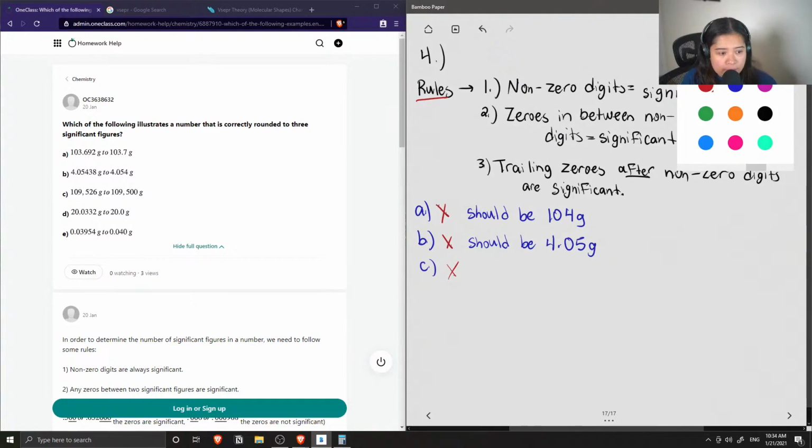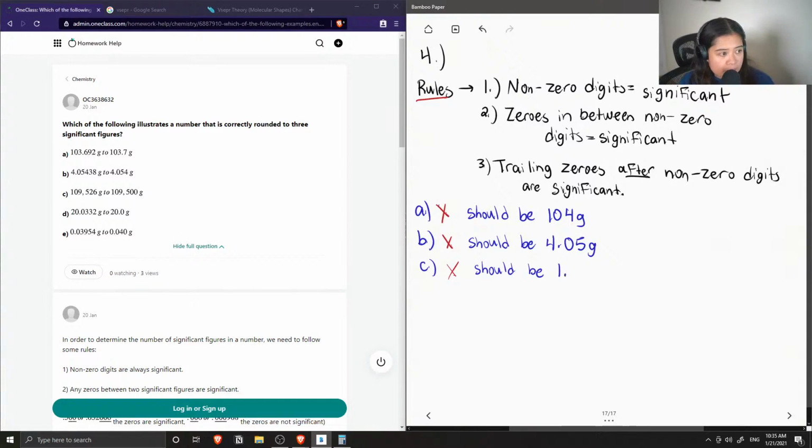And for this question, I'm going to show it in scientific notation. I always find it easier to just convert to scientific notation when doing significant figures. So it should be 1 point, and then if we round our 9 up, it'll be 1.10 times 10 to the 5 grams.